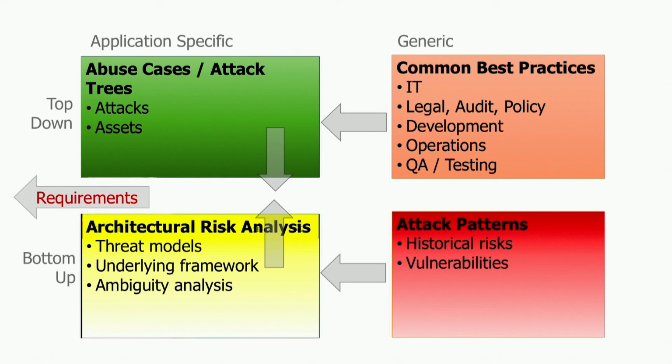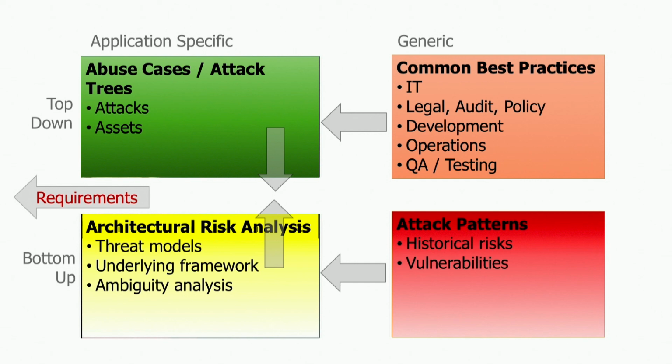Up at the top, we've talked about abuse cases and attack trees. What you'd like to do is to create the abuse cases and the words that go around the abuse cases, as well as the attack trees and the prioritization that can happen in the attack trees, and consider all that. So those were the last few modules, and you want to take the input from that and put it into your security requirements document.